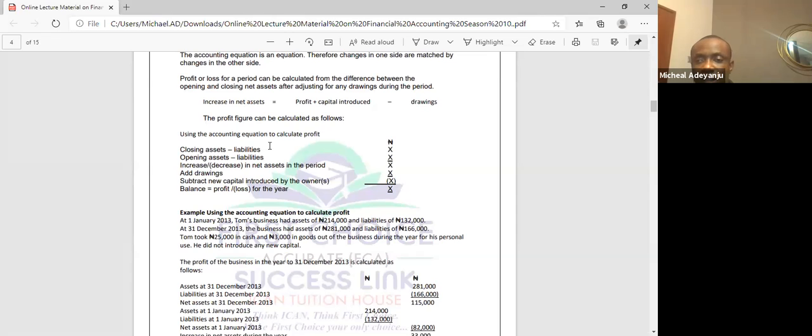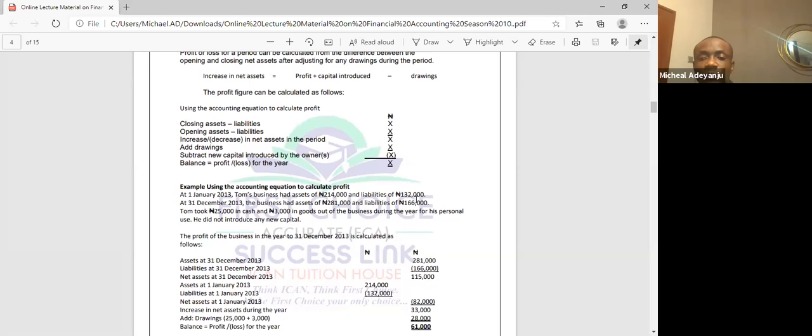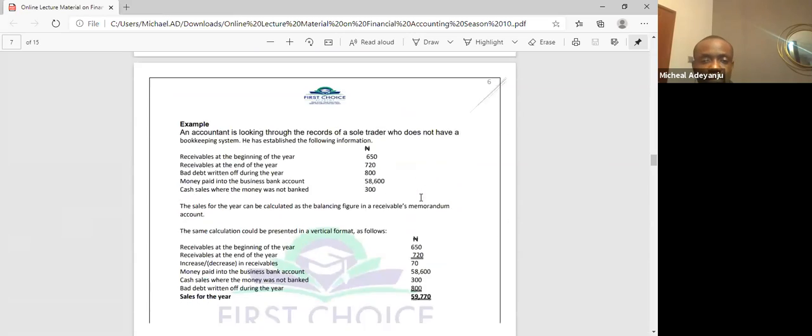Closing assets, that's 3.1 million, less your opening assets of 75,000, plus your drawings of 120,000, if I'm correct, less new capital introduced, that's the loan and the sale of shares of 2 million naira. So the difference is now what you have as your profit for the year.